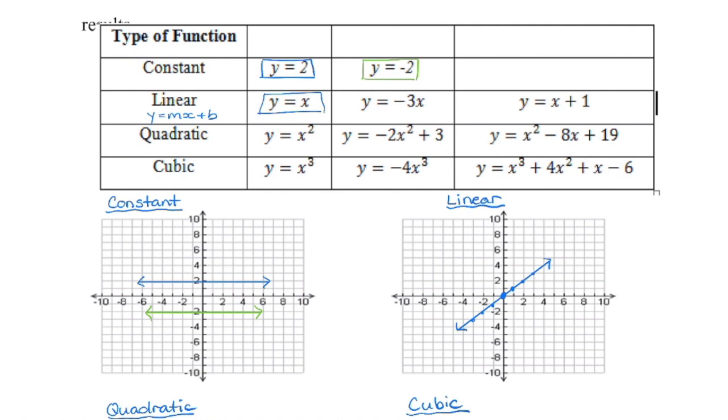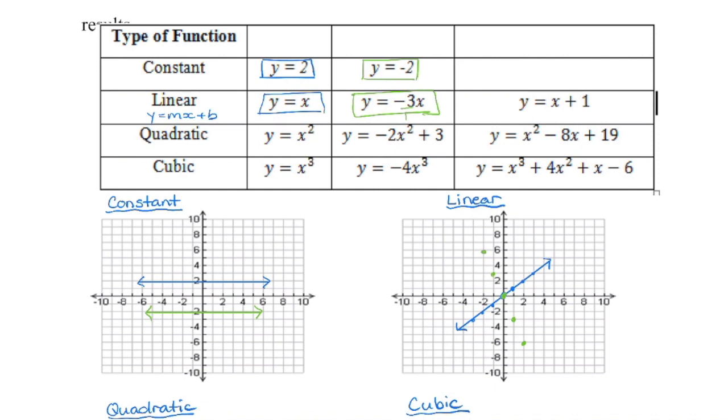My second one, similarly, I'm going to take a look at this one. I don't have anything I'm adding or subtracting, so I know that my y-intercept is 0, my slope is negative 3. So I'm going to start by plotting my y-intercept. Once that y-intercept is plotted, we're going to go down 1, 2, 3, and 1 to the right, down 1, 2, 3, and 1 to the right, or we can also go up 1, 2, 3, 1 to the left, up 1, 2, 3, 1 to the left.